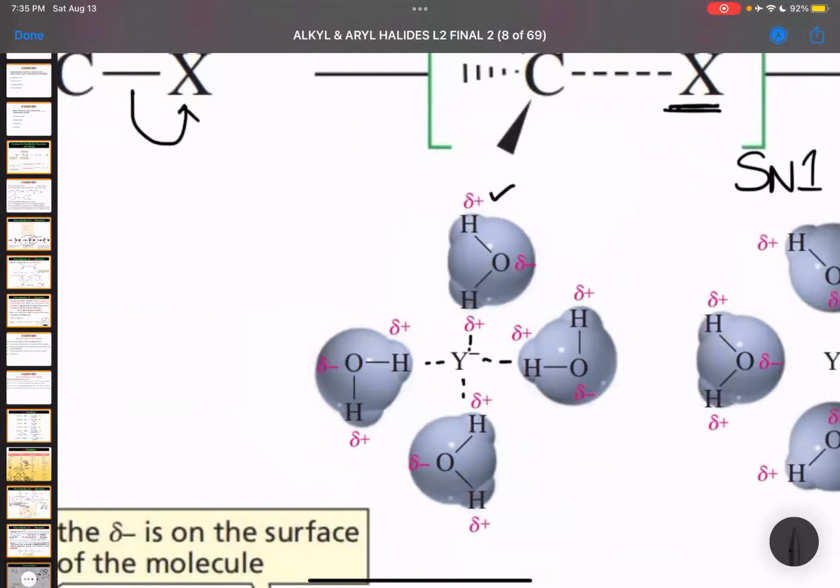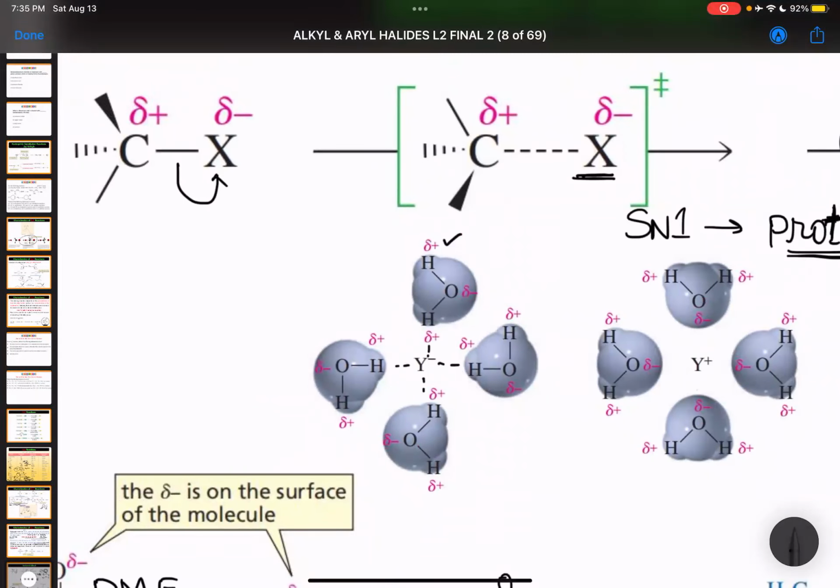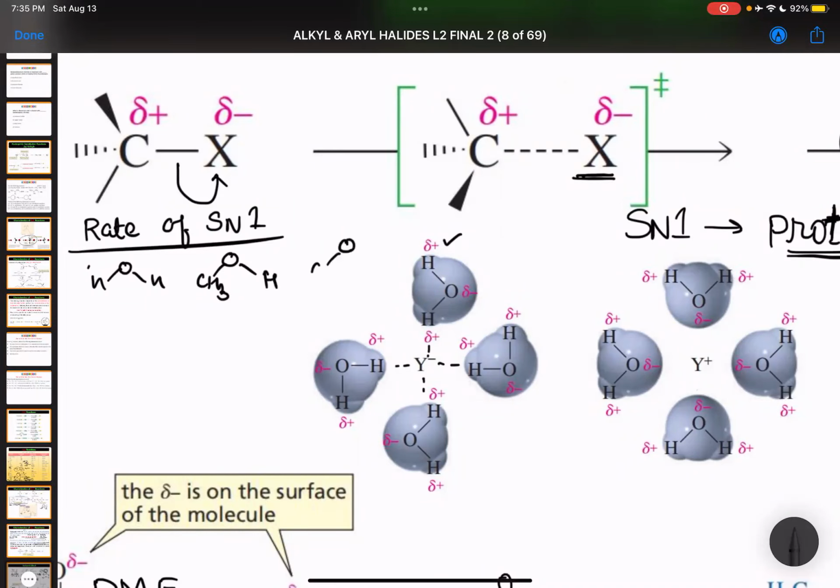So what is the ideal solvent for an SN1 reaction? What kind of solvent do you require? Polar protic solvent, right? If someone asks you about the rate of SN1, this is a very famous question: is it going to be faster in water, is it going to be faster in methanol, or is it going to be faster in dimethyl ether?